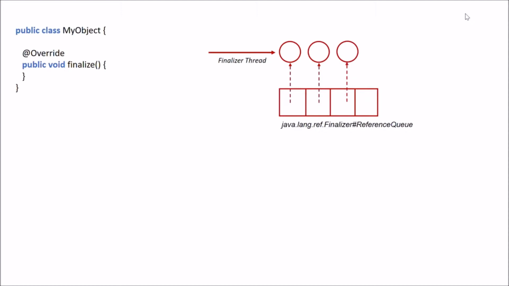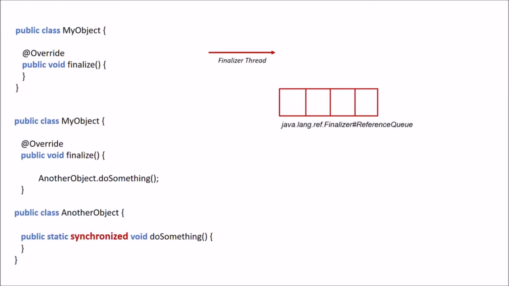And when it's ready for garbage collection, the JVM has an internal thread called the finalizer thread. This thread goes and executes the finalize method on each and every object in this finalizer queue. And only after it executes the finalize method does the object become eligible for garbage collection.